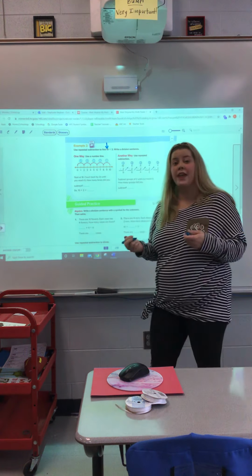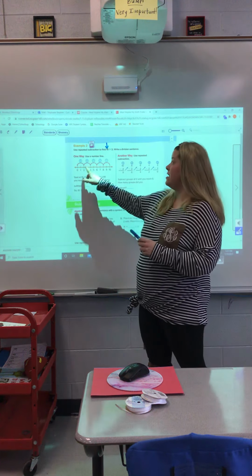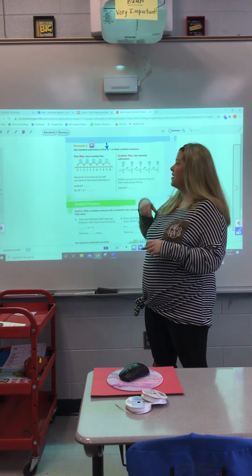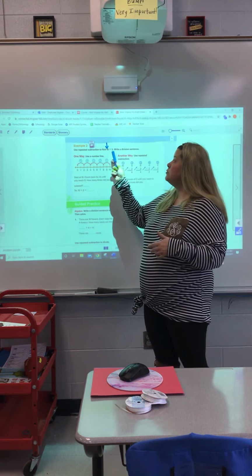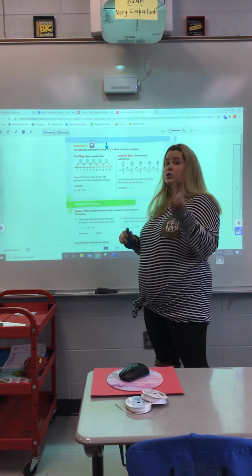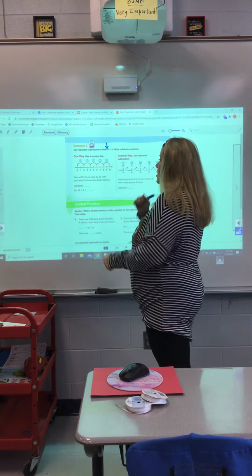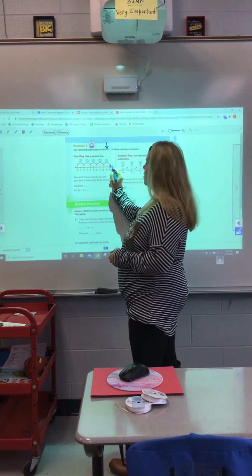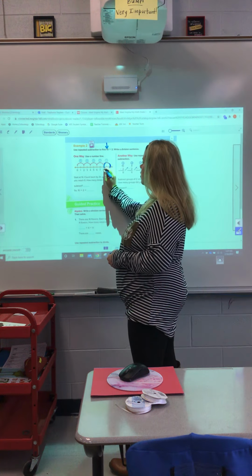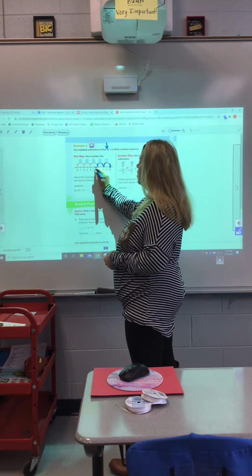My biggest number. I need a number line that goes to 10. There it is, okay? Then I'm going to subtract how many? 2. And I'm going to keep subtracting 2 until I get to 0. So I start at 10. 1, 2. 1, 2. 1, 2.